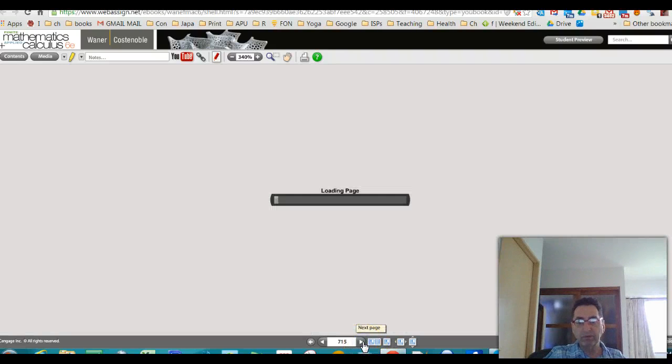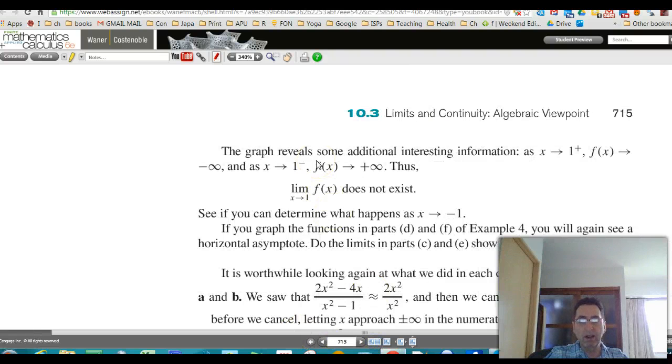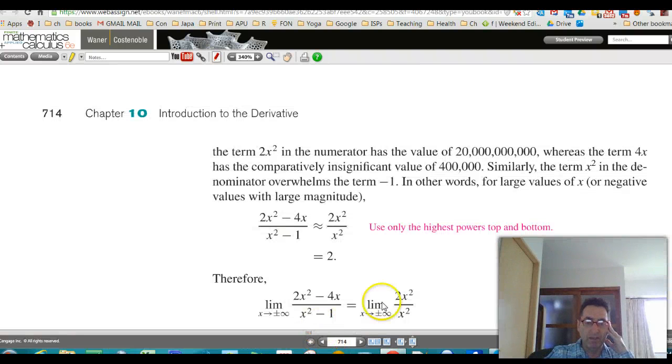Let's see. Anything else here in this section? Okay, the graph reveals some additional interesting information. As x approaches 1 from the right, f of x goes to minus infinity, and as x approaches 1 from the left, f of x goes to plus infinity. Let's just take a look at that picture again.